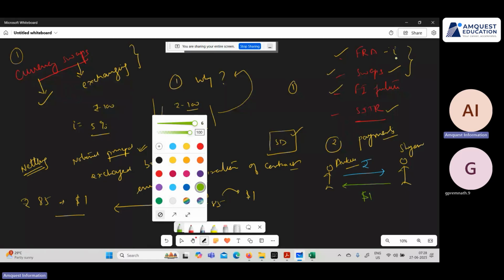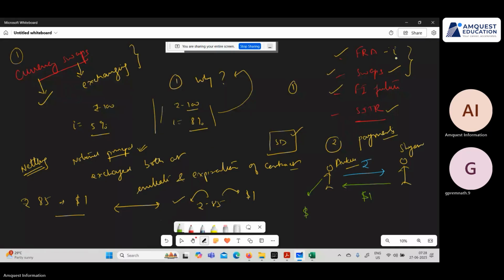Now, this happens at the initiation. Since I have got dollars, I will be doing, let's say, quarterly payments. So I will be doing the quarterly payments in dollars, not in rupees. Remember this.